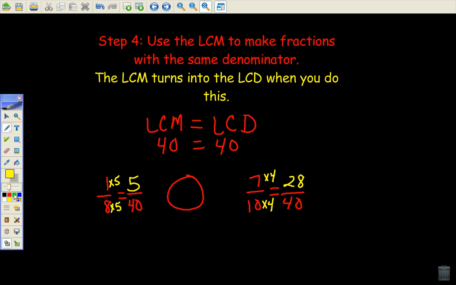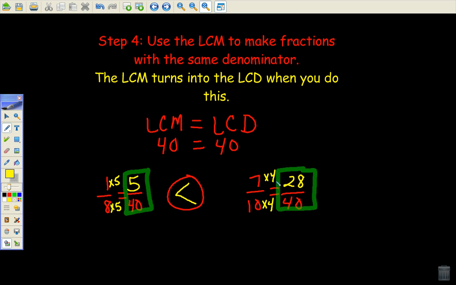Now let's look at this. It's going to be a whole lot easier now to compare this fraction with this fraction because they both have the same denominator now. Now all I have to do is look up at the numerator, and I know that 5 is less than 28. Once I get my denominators to be the same thing, I can just compare with the numerators.